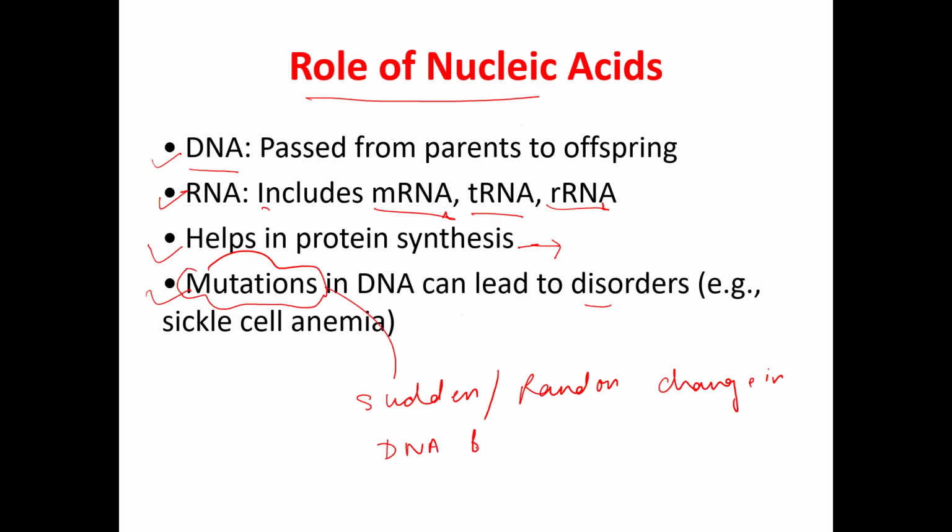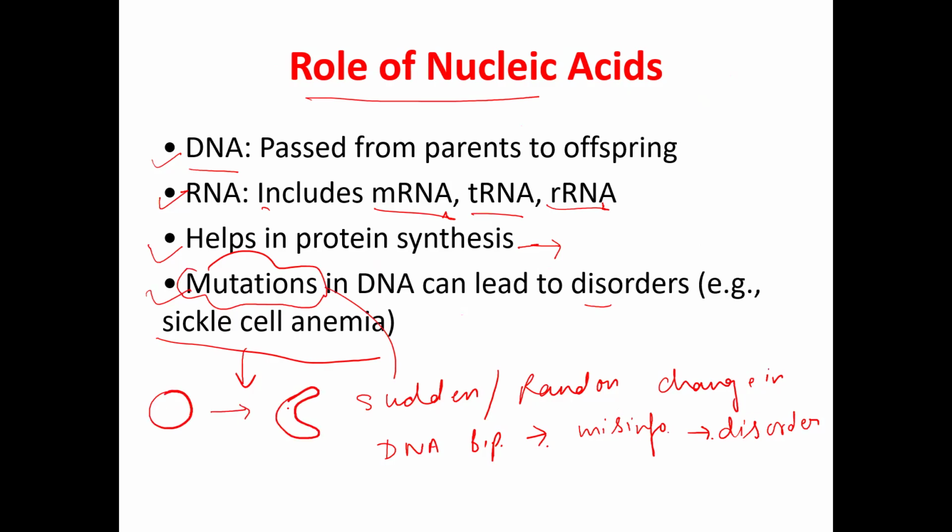A change in the DNA base pair leads to misinformation and leads to disorders, such as sickle cell anemia, in which our RBCs become sickle shaped, and these sickle-shaped cells decrease the efficiency of oxygen absorption, leading to anemia, a low oxygen level in the body.